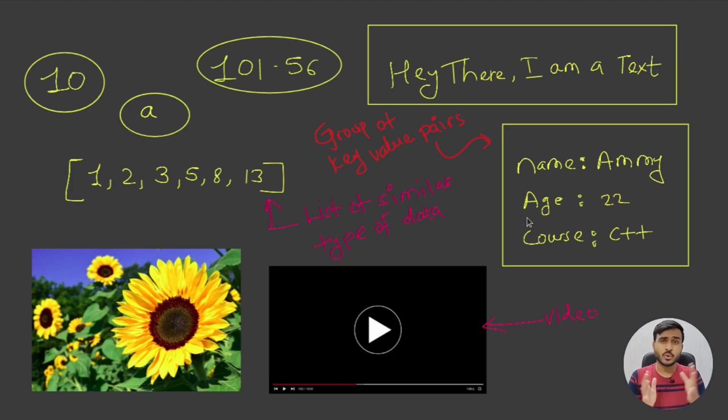And this other thing is very important. This is a sequence of similar kind of data, or a list of similar kind of data. We are going to discuss this in much more detail in an upcoming module called arrays. Right now let's not worry about this, but this is a sequence of similar kind of data. You can observe all of these values are integers. And this is an image and this is a video.